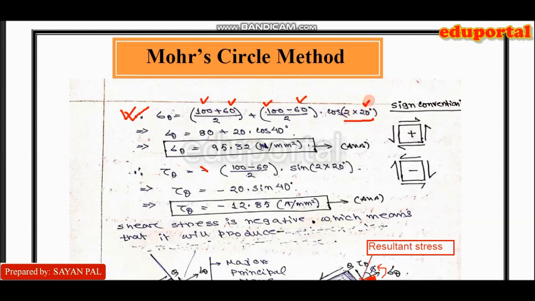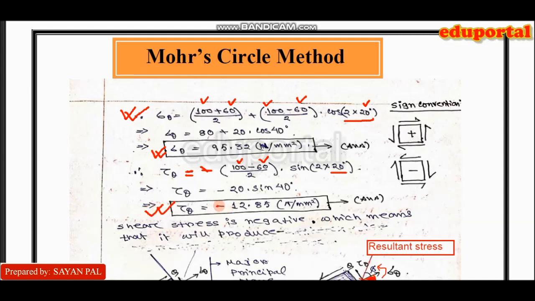Theta is given as 20 degrees, so 2 theta is 2 into 20 degrees, equal to 40 degrees. Calculating this, we get the value of sigma theta, the normal stress acting on the plane. Similarly, tau theta is the shear stress acting on this plane, which is sigma 1 minus sigma 2 over 2 times sine 2 theta, with 2 into 20 degrees. Calculating this, we get tau theta equal to minus 12.85.